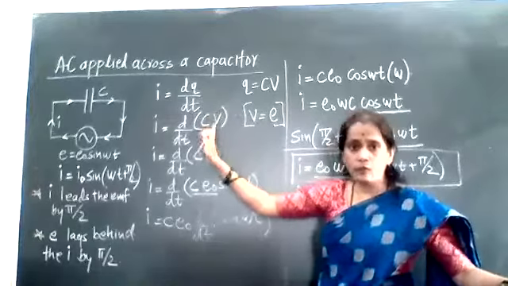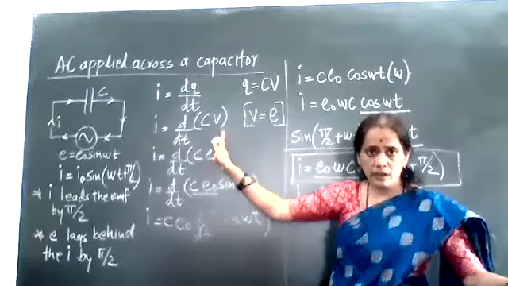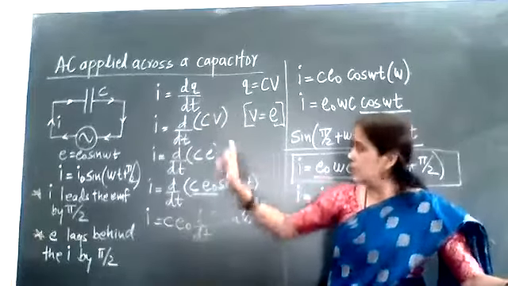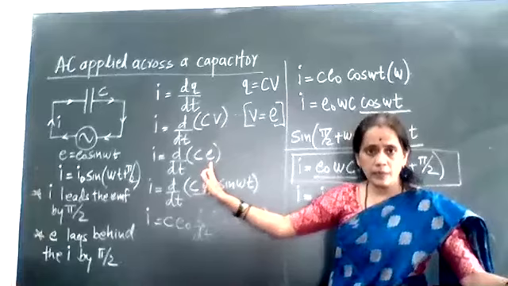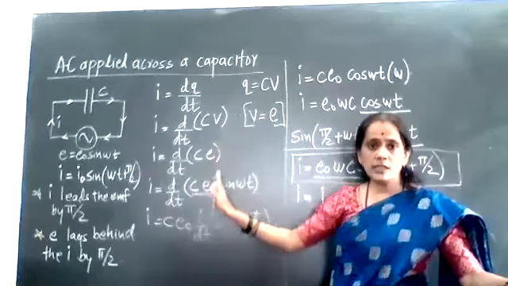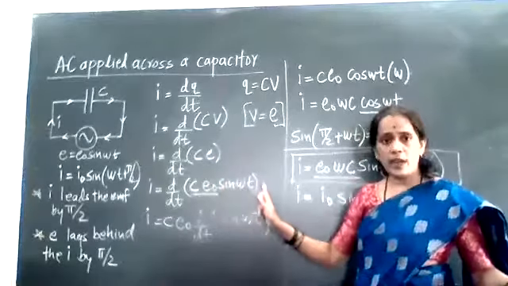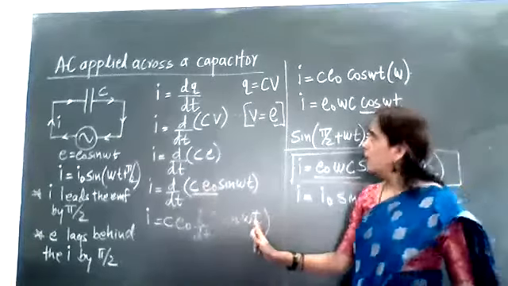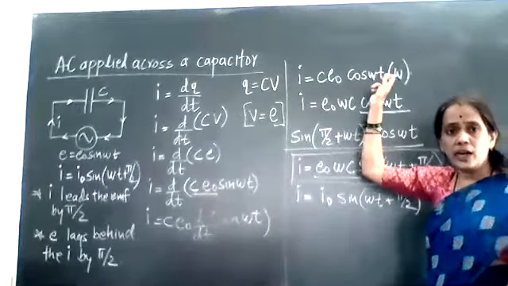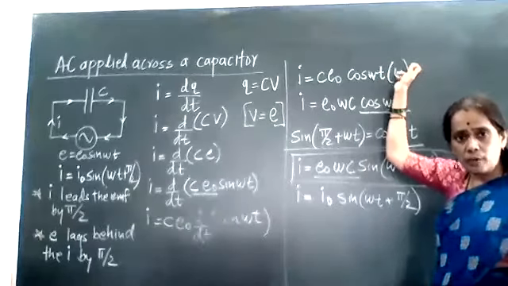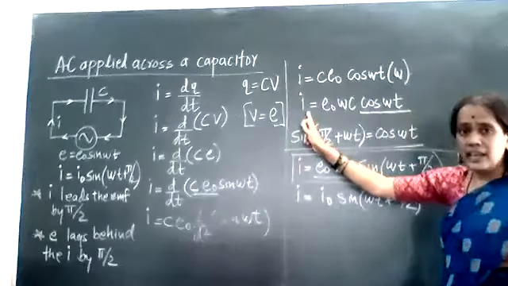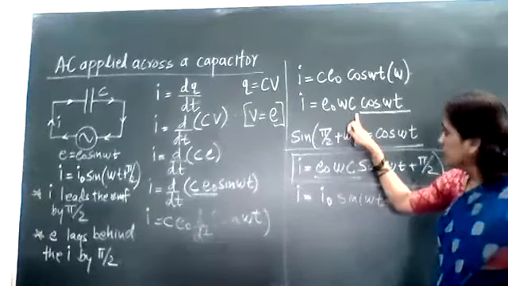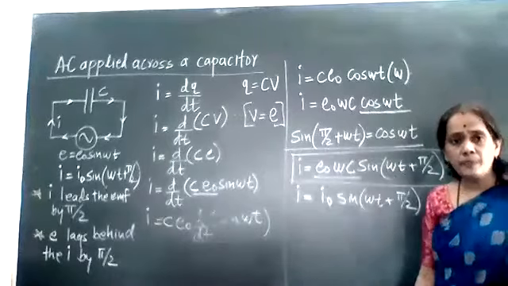Instead of V, the EMF applied is E, and the value of E is E0 sine omega t. The derivative of sine omega t is cos omega t into omega. Therefore, I am getting alternating current I equal to E0 omega C cos omega t.